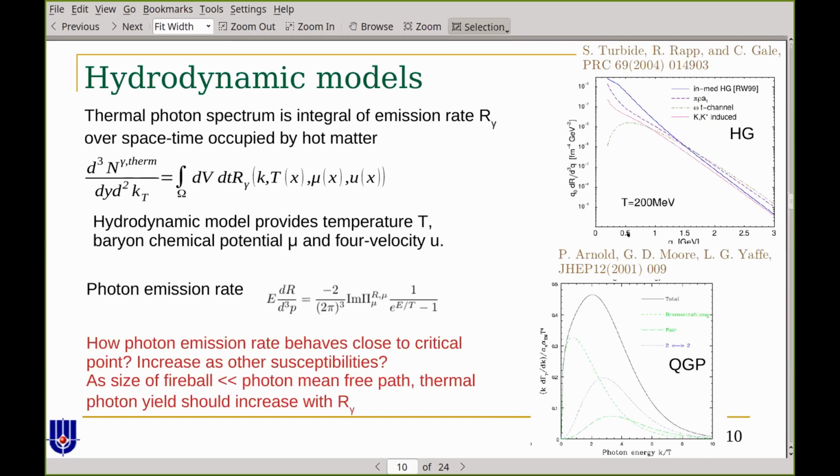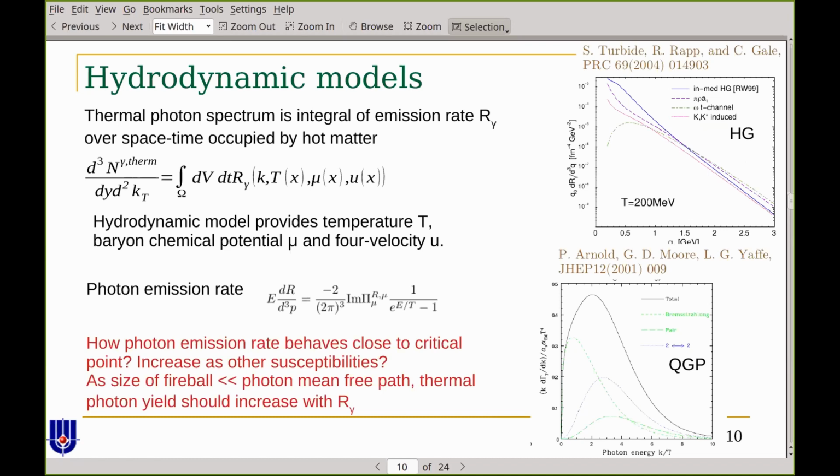Then there was an extension to the non-equilibrium case, but this is more or less the basic parameterization which is used in most hydrodynamic models. But these calculations are done for matter far from the transition region and far from the critical point.